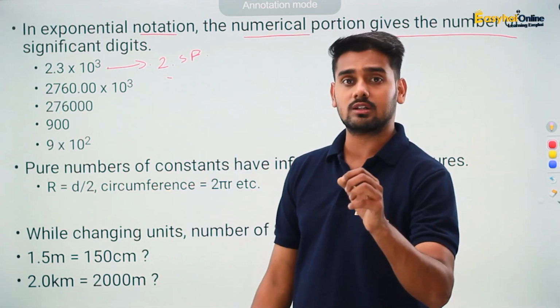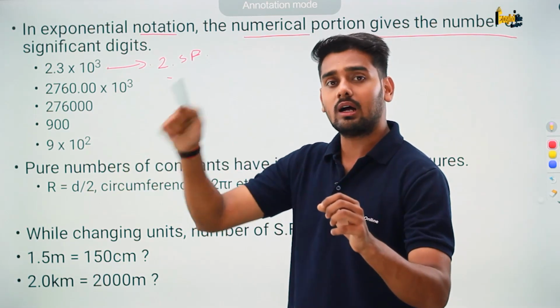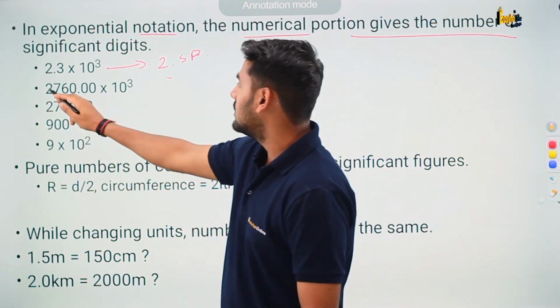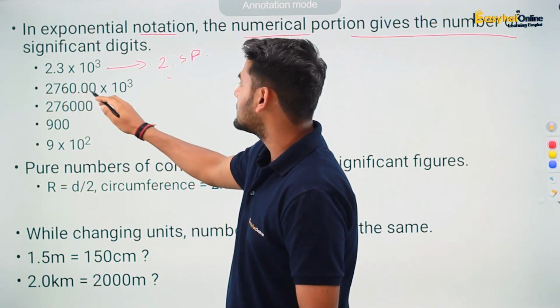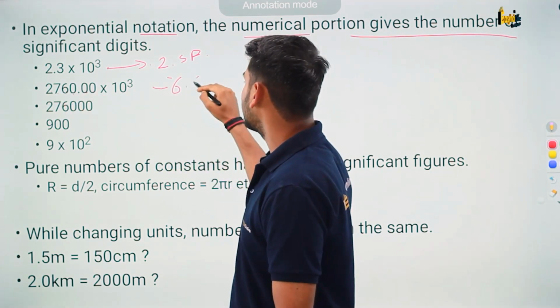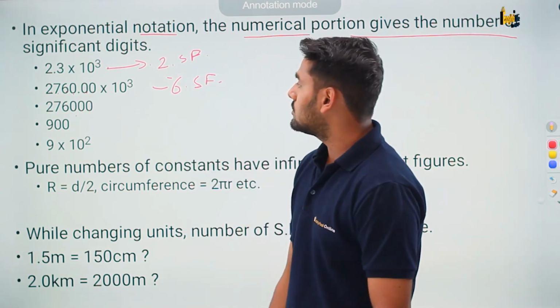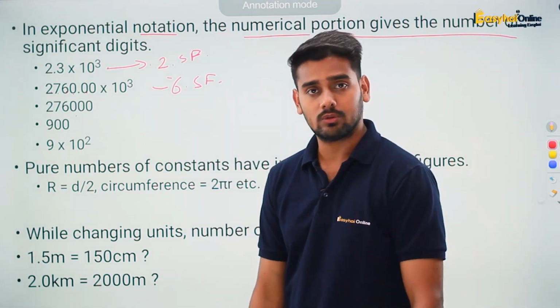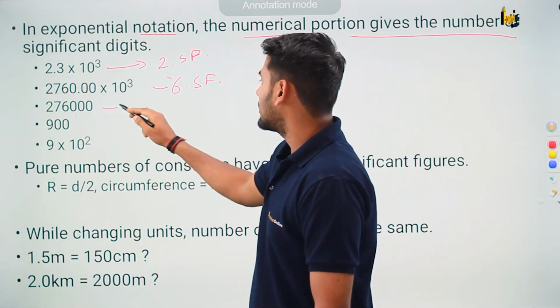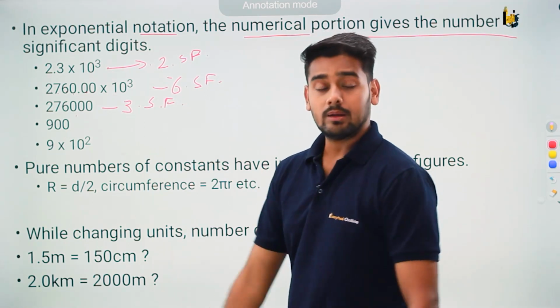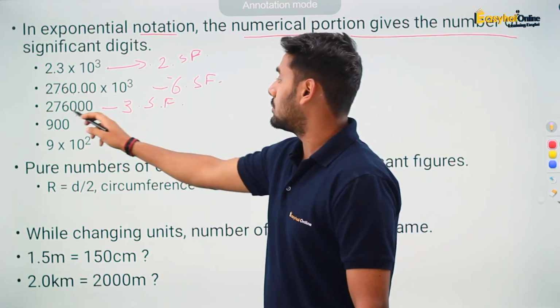And remember, after the decimal point, the trailing zeros are considered significant. So therefore here 1, 2, 3, 4, 5, 6. There will be 6 significant figures. What about this 276,000? In this case, there are only 3 significant figures. Why? Because there is no decimal point here.